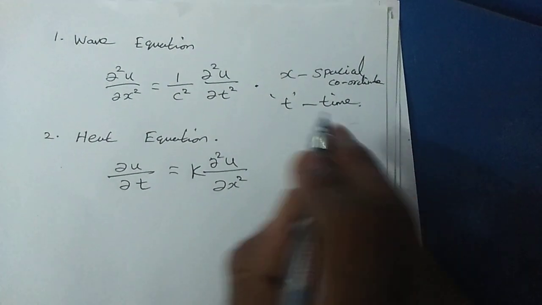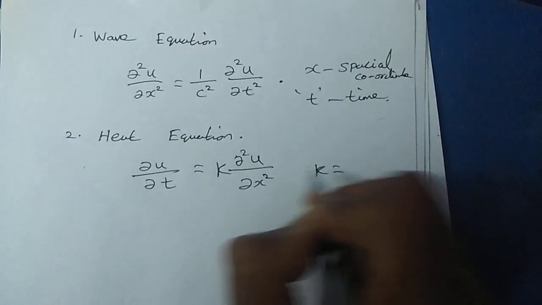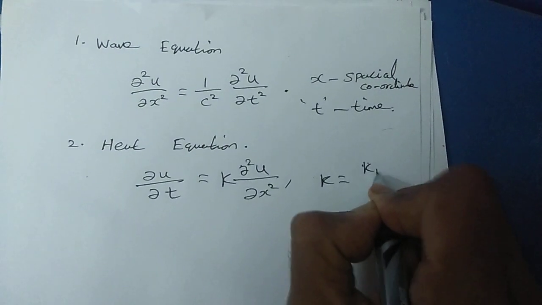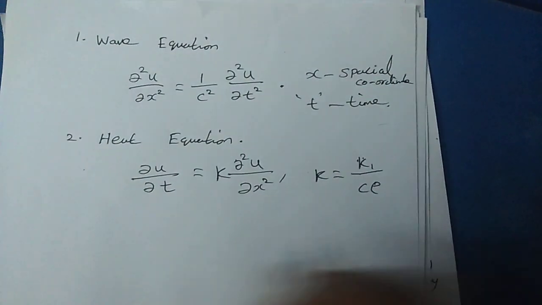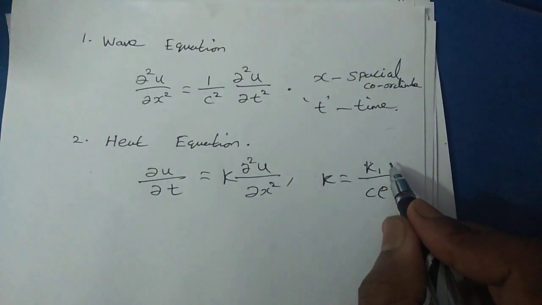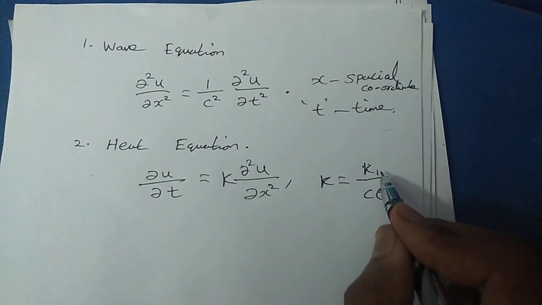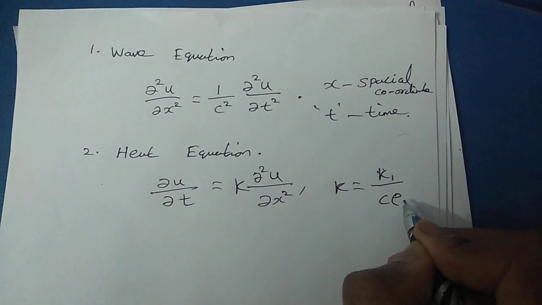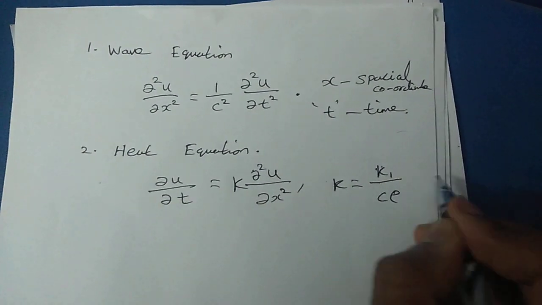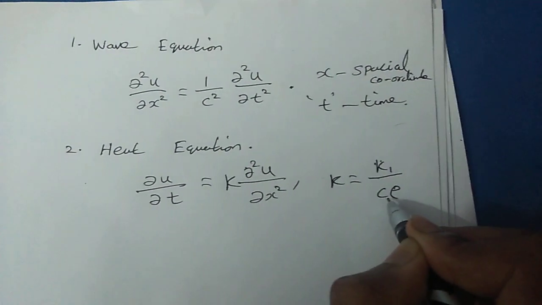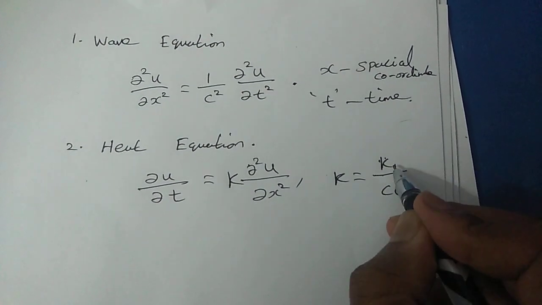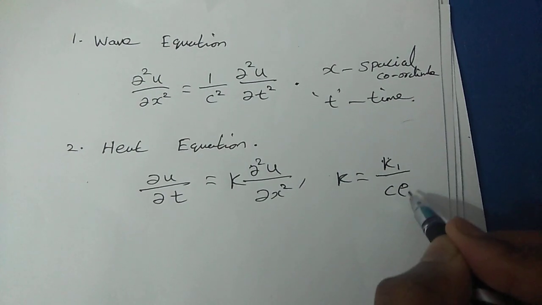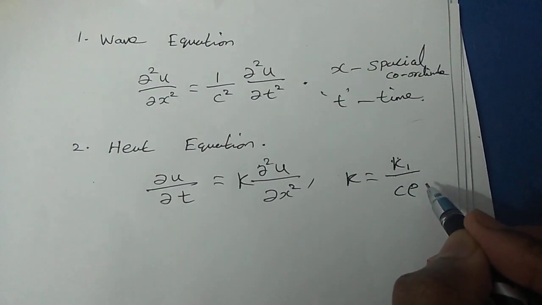So here, what is k actually? k is k1 by c rho. Here k1 is the thermal conductivity, rho is the density of the solid, and c is the specific heat of the solid.